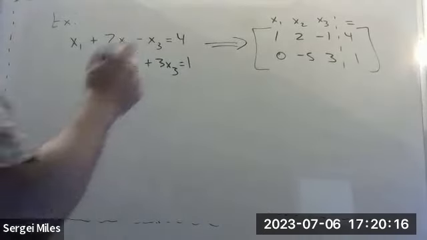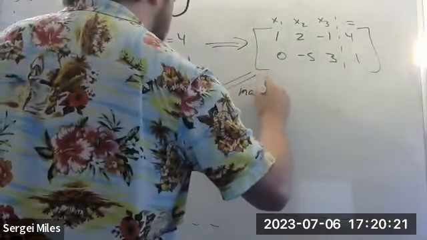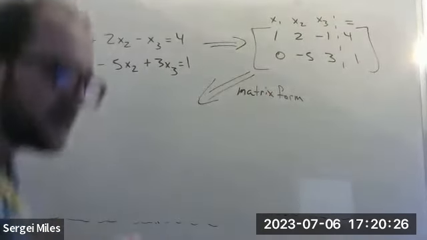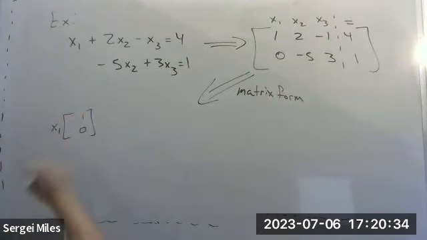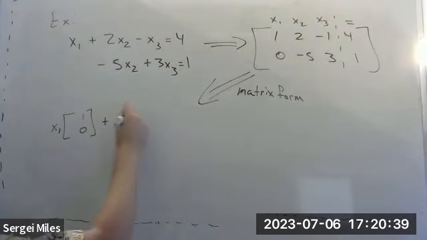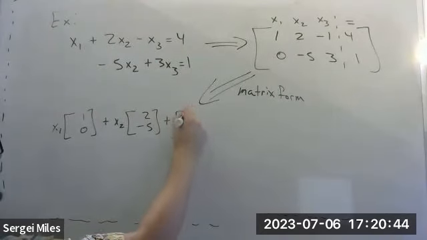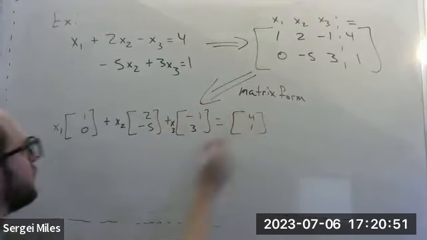But this question is the same thing as if we rewrite it in our matrix form. If we rewrite this in our matrix form, we're taking a combination of these column vectors. I want to know, how can I add the column vector (1, 0) with the column vector (2, -5), add it with the third column vector (-1, 3), and I want this to result in (4, 1).